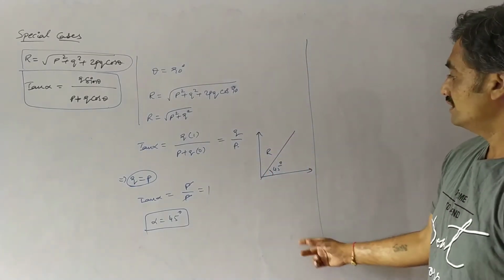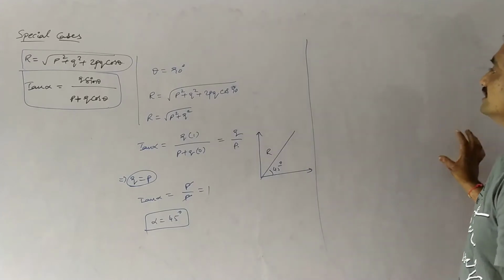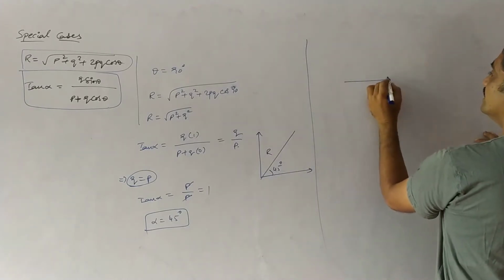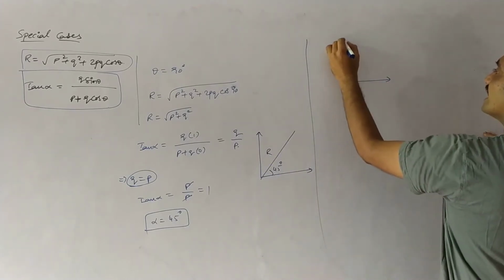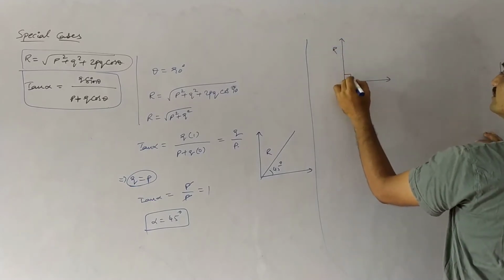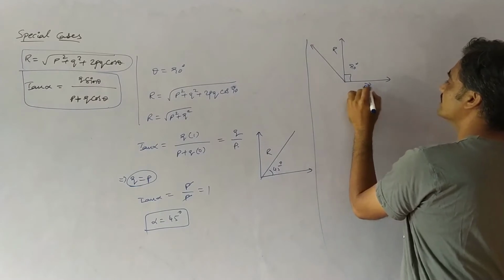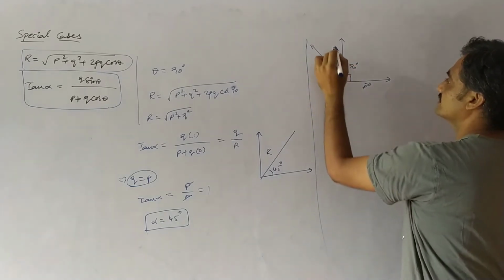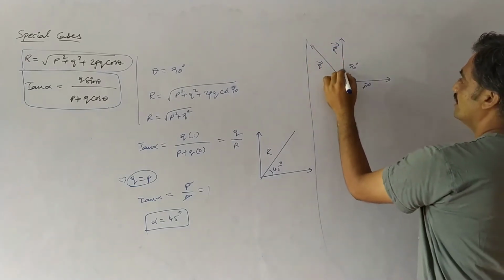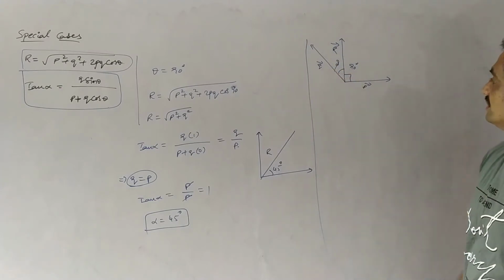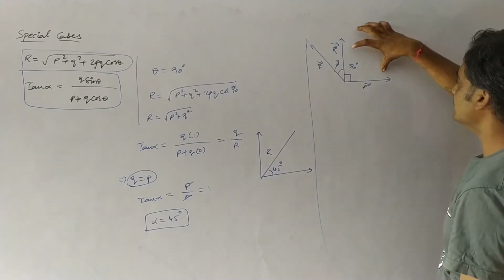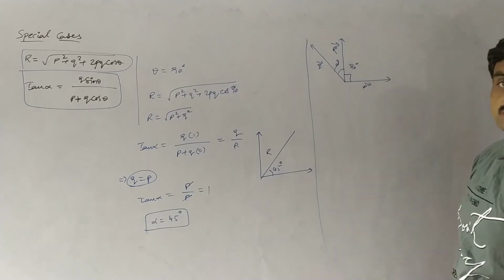And next, let us consider that the resultant makes an angle of 90 degrees with one of the vectors. In order to represent this, observe that the resultant makes an angle of 90 degrees.